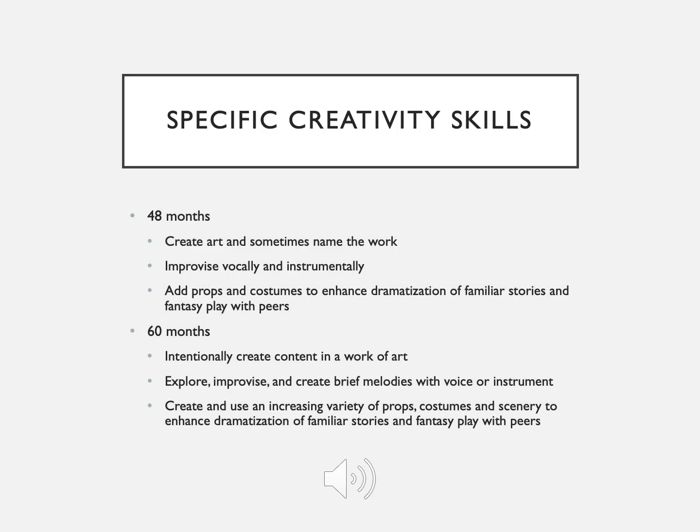Okay, so on this slide and the next few slides, we're going to talk about 4 and 5-year-olds and their creative skills. On this slide, we're looking specifically at creativity skills related to representational art, and we talked about that as one of those general stages.